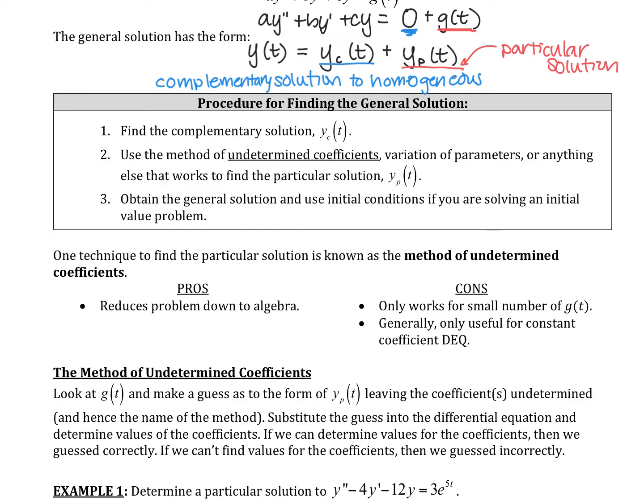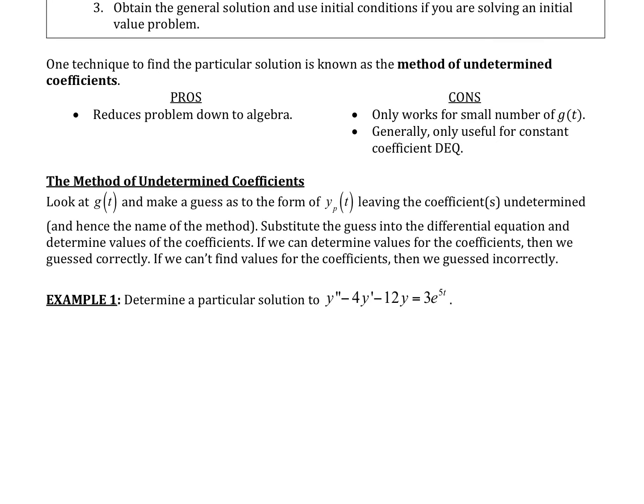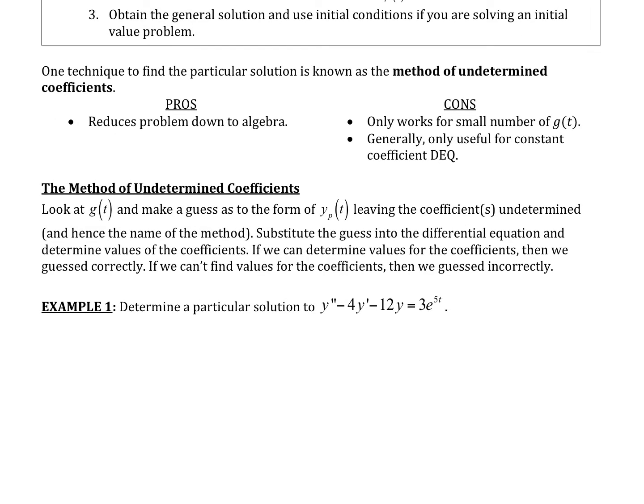Okay, here's how we do this. This is going to be maddening for those of you that like processes initially. What we're going to do to be able to use the method of undetermined coefficients is we are going to look at the g of t. So that's this equation. In this case, it'd be the 3e to the 5t.